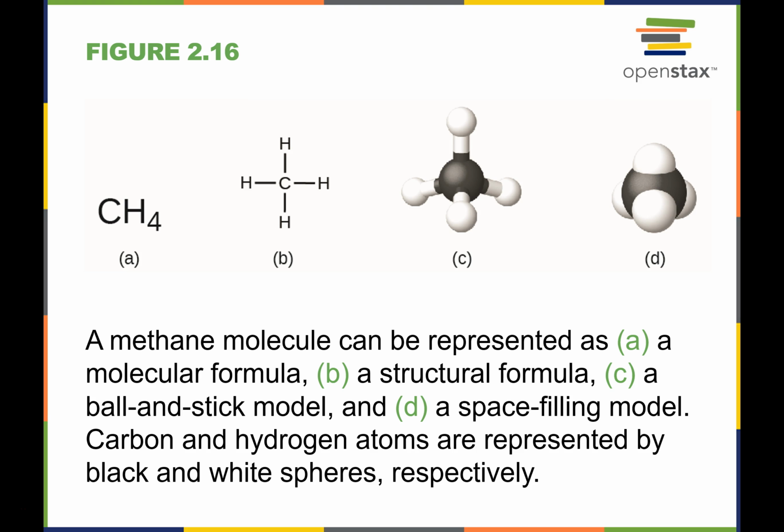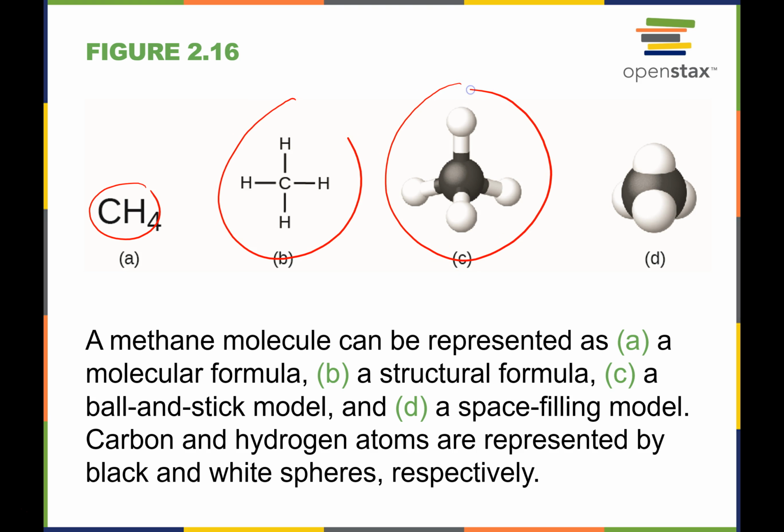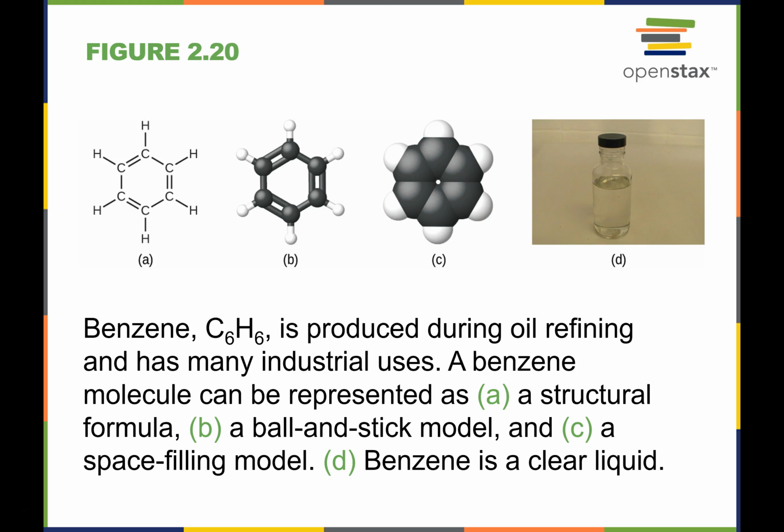In chemistry, it's handy to sometimes talk about methane this way, sometimes look at it structurally. This would be a little bit more of a look, and this is even a different look. Those are all CH4s. These are all benzenes. The formula for benzene is C6H6.